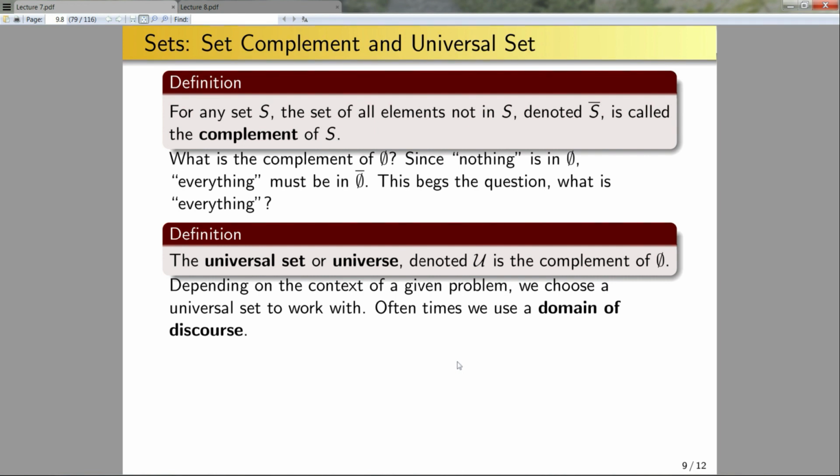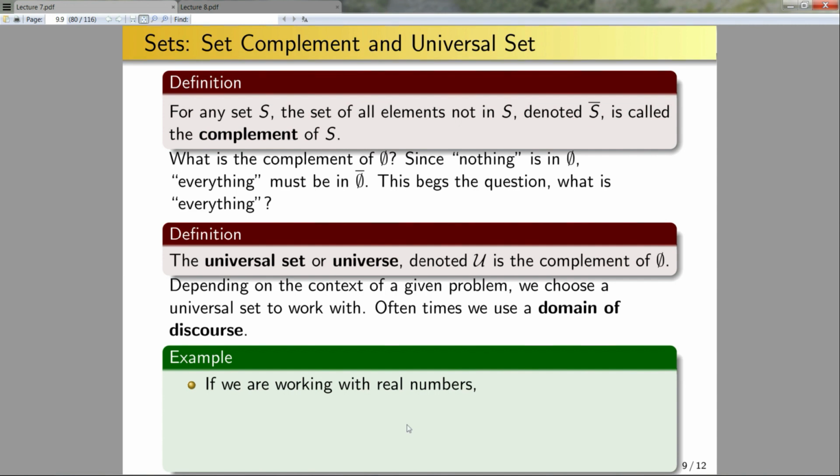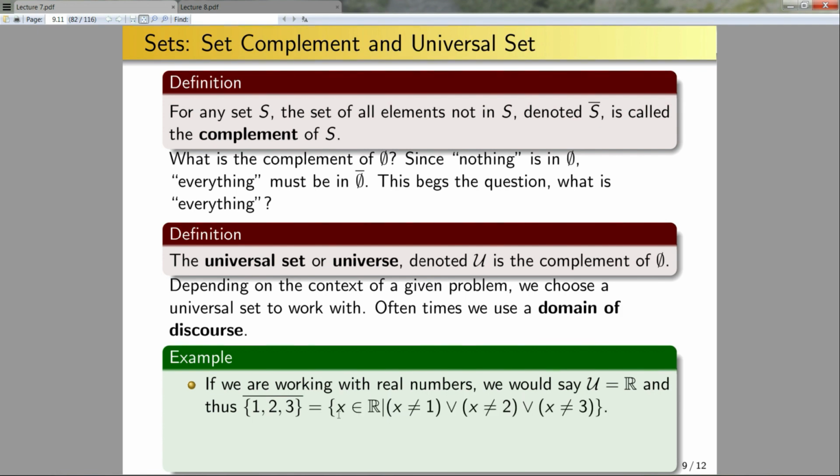So let's give some examples. If I'm working with the real numbers, I would pick the domain of discourse to be the real numbers. So explicitly, I would say that the universe is equal to R, and thus the complement of the set containing 1, 2, 3 would simply be the set of all real numbers such that x is not equal to 1 or 2 or 3. Okay, on the other hand, if I was talking about divisibility, we typically talk about divisibility in the context of the integers.